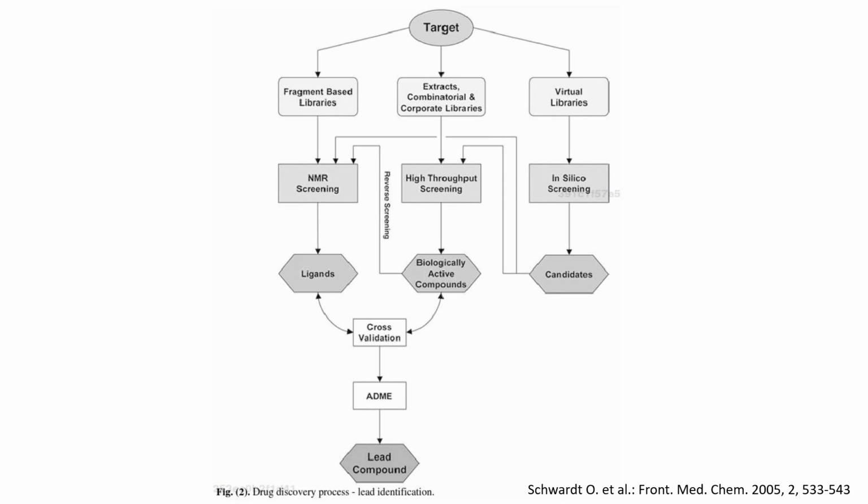We consequently also employ the virtual library screening in silico, and in case some hits or candidates are found, they need to undergo the real screening in the laboratory. And after the optimization of the ADME profile, you can get a lead compound.